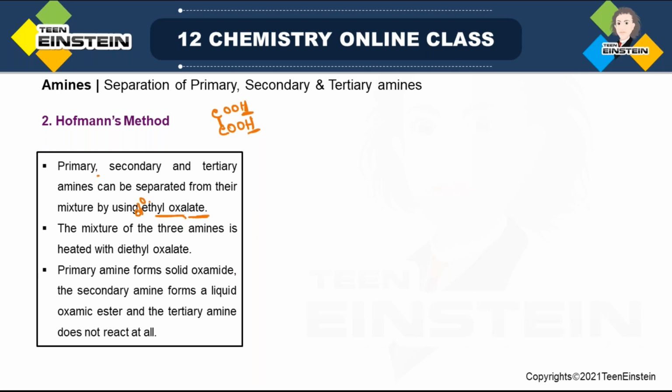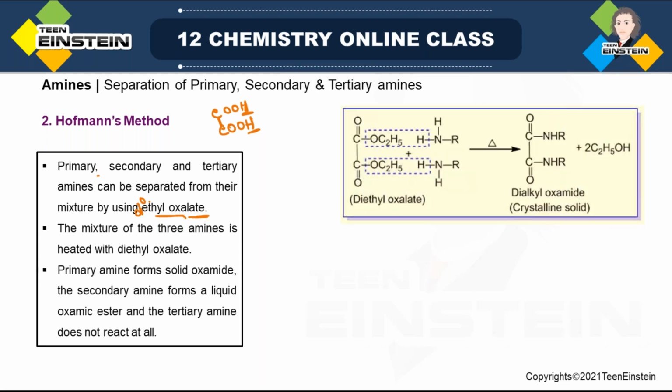Actually it is diethyl oxalate. So this reagent we actually use. In the previous method we used PhSO2Cl, now we are using diethyl oxalate. Now different types of observation you can get when it is 1 degree amine. See, this is 1 degree amine, this is another 1 degree amine, and this is diethyl oxalate, ethyl ester of oxalic acid.